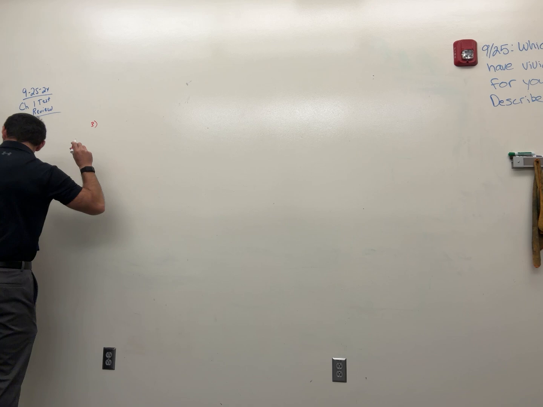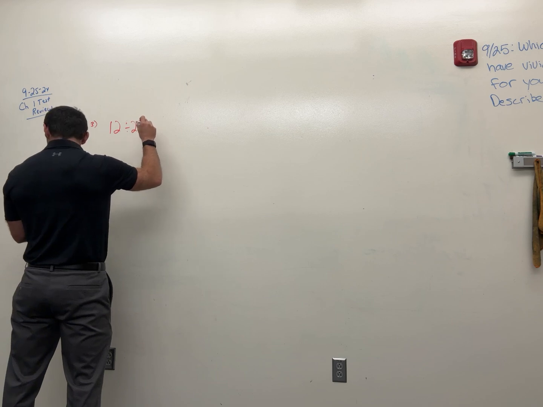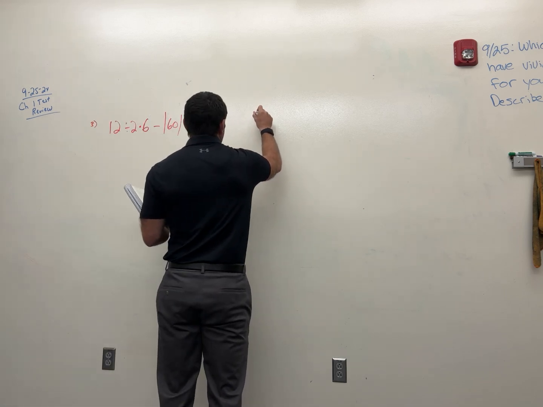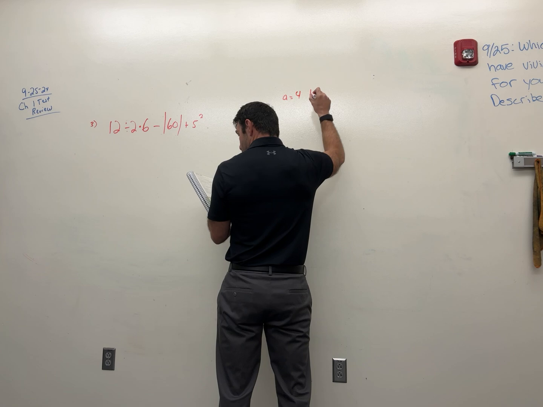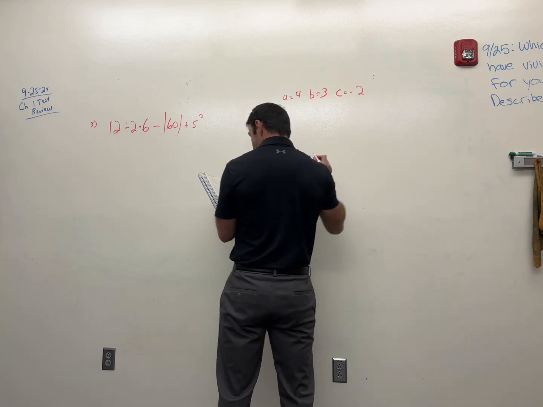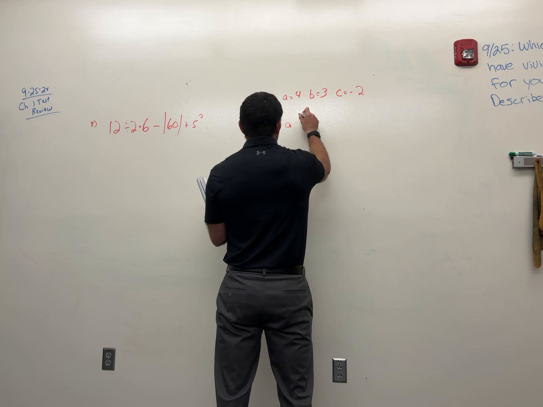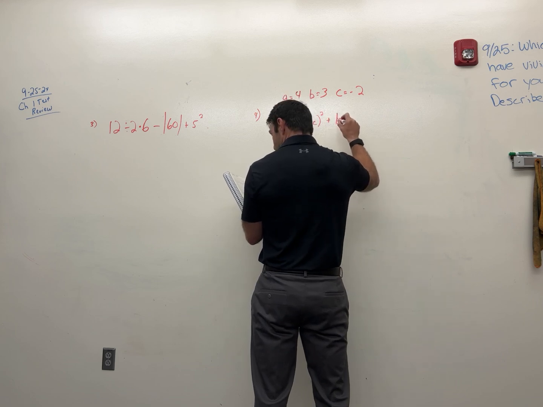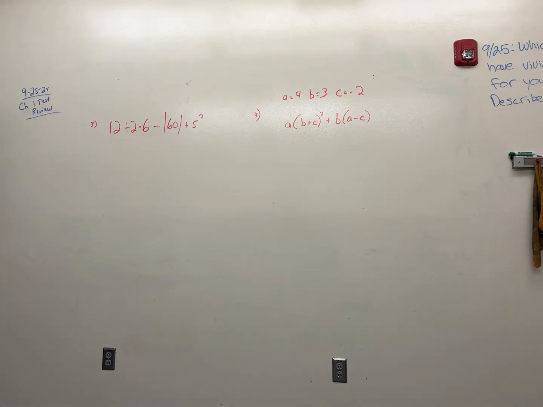So, this one is number 3. The directions would say either simplify or evaluate. Simplifying number 1, evaluating number 2.